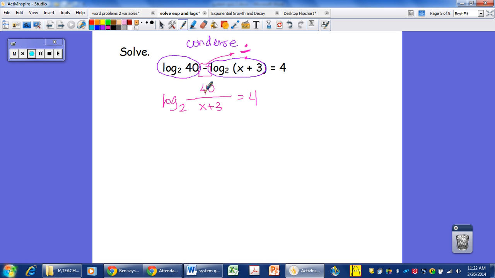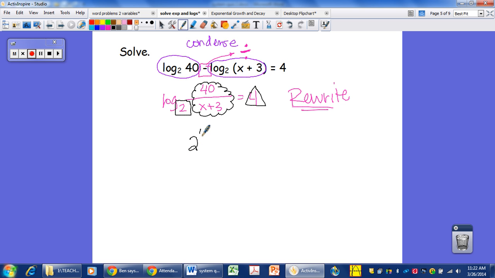So now I have it in that familiar form where I have log on one side and a number on the other. So I'm going to rewrite this as an exponential. So this is once again your base. This big thing is your blob, all of it, and this is your triangle.